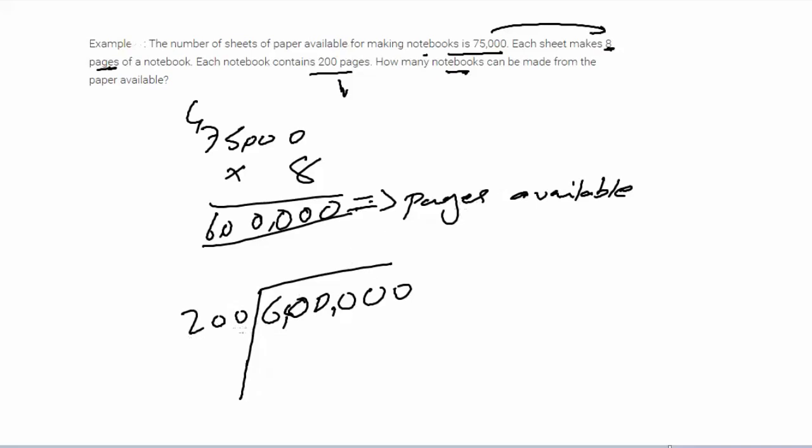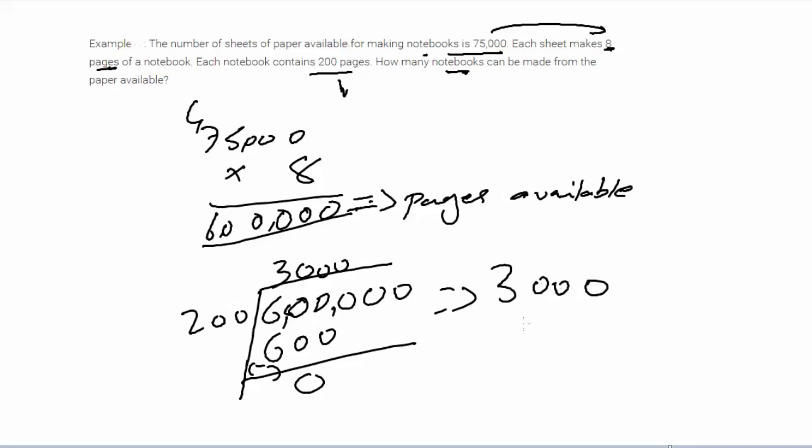So let's multiply 200 by 3, you get 600, and subtract it, so you get 0, and carry these 3 zeros over here. So you can make 3,000 notebooks using 75,000 sheets. So that's your final answer. Conclude that. So using the same method you can solve various problems.